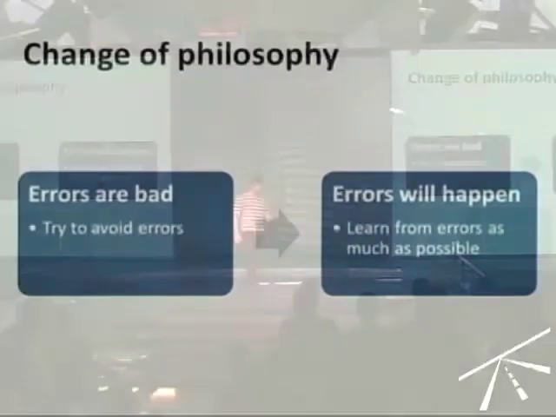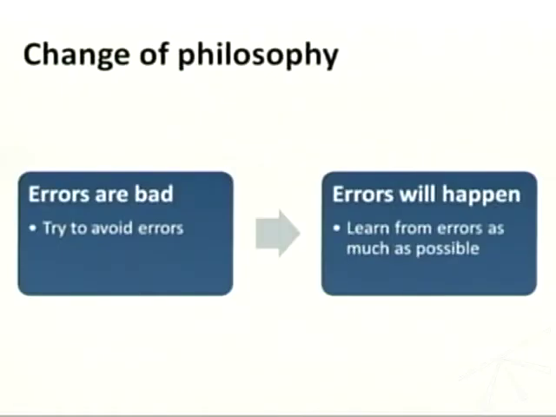the change of philosophy. So far, I was considering error as something bad, something that should be avoided. And therefore, we were collecting these huge amounts of training examples, and we tried to avoid error. But as humans, we know that we cannot avoid errors. Instead, we should try to learn from errors.